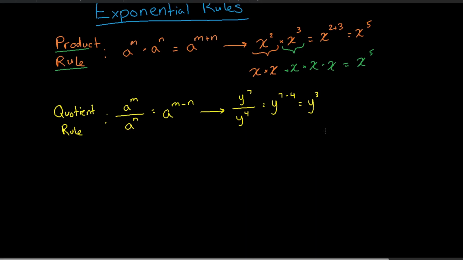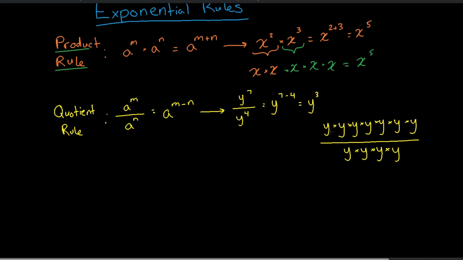Now, how is this? Well, if I take y to the seventh, which is y times y times y times y times y, what is that? 5 y's times y times y, that's y to the seventh, over y to the fourth, y times y times y times y, 4 y's.